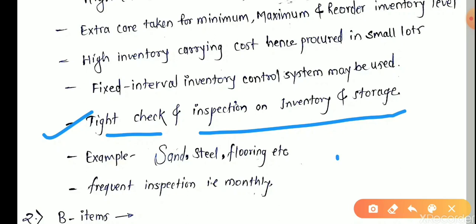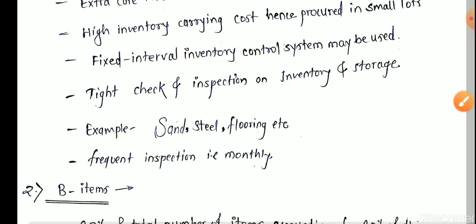To avoid losses due to pilferage or wastage, we focus much more on this, to minimize waste and loss, because its value is high as compared to other materials.